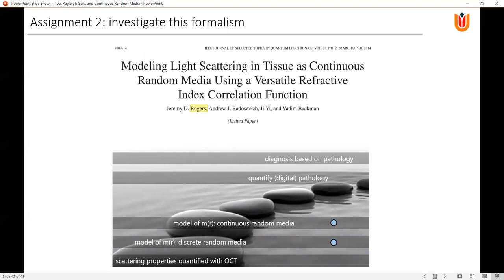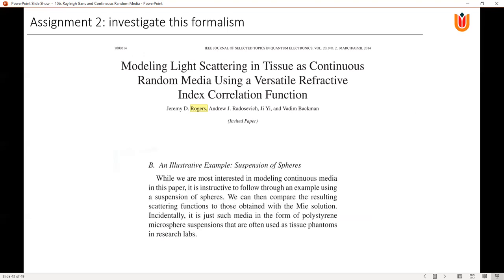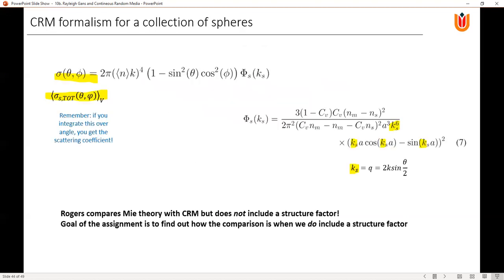So the assignment basically is to work a little bit with this formalism. What he did is, like I said, take a suspension of spheres and calculate that using Mie theory and then also using his formalism, and then compare it. These are the equations that are in the paper.